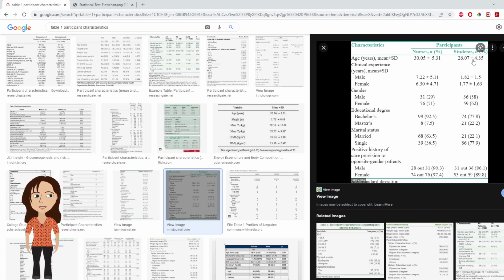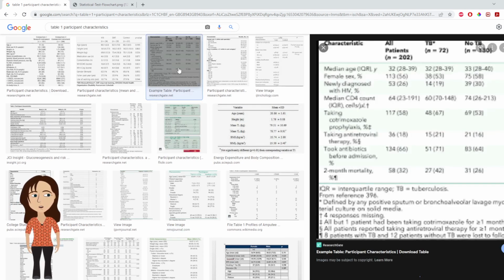And we have this age difference here. Actually not as big as what we might expect, but then I don't even know what paper this came from. All the information I have is nurses and students. But if we have two groups that are clearly going to be different anyway, does it need any statistical testing? I don't think so. You could just go and describe, these are the differences between nurses and students.